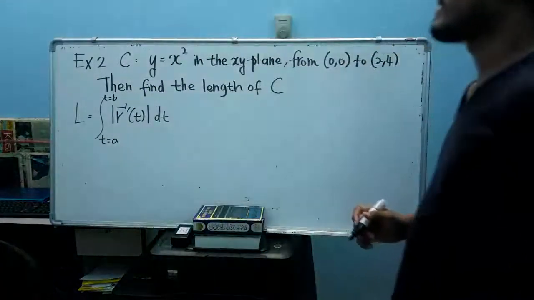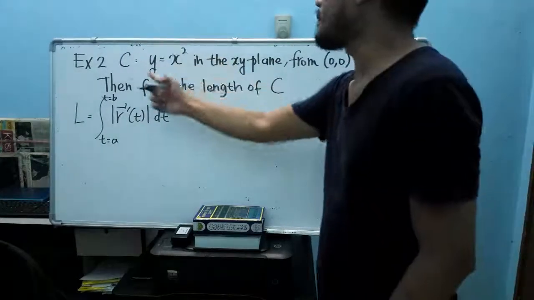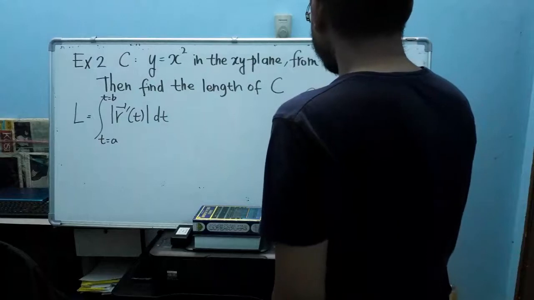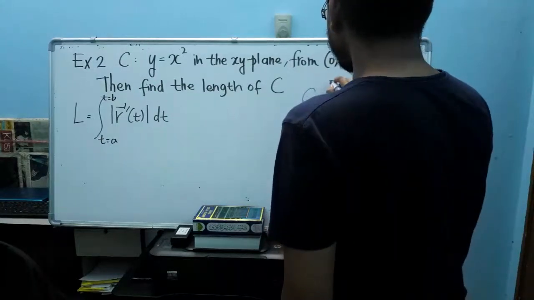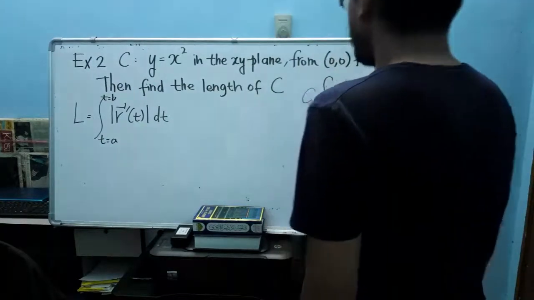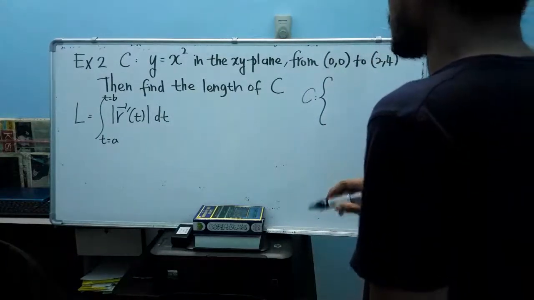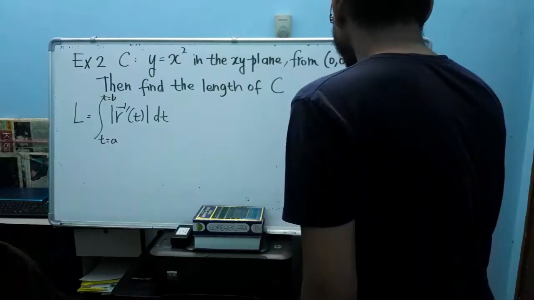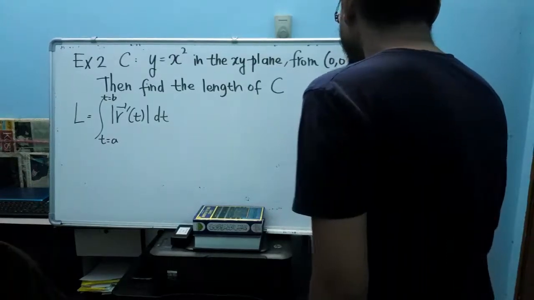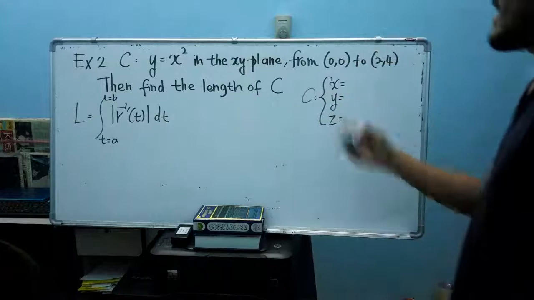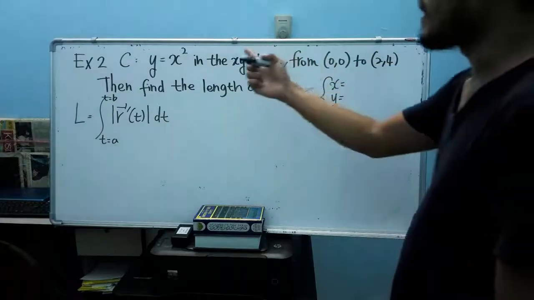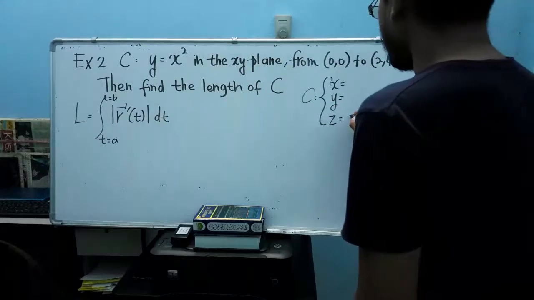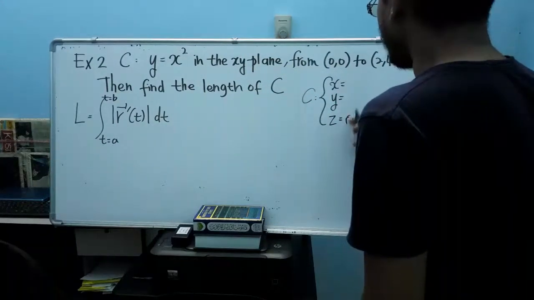First, you need to find the parametric equation of C. Since we consider C in space, we have x, y, z. But we already know our C is in the xy plane, meaning that z is equal to 0.